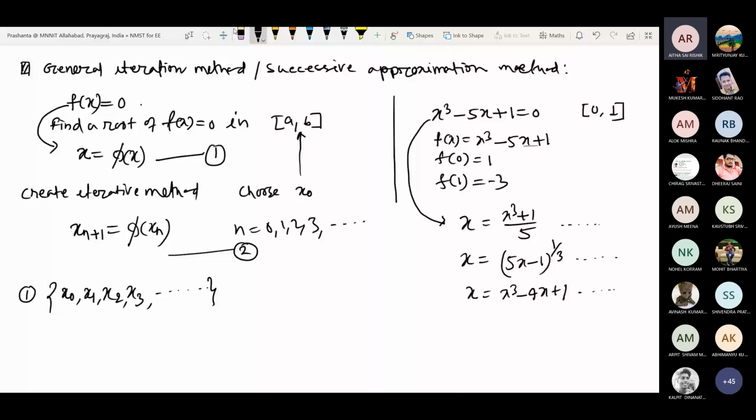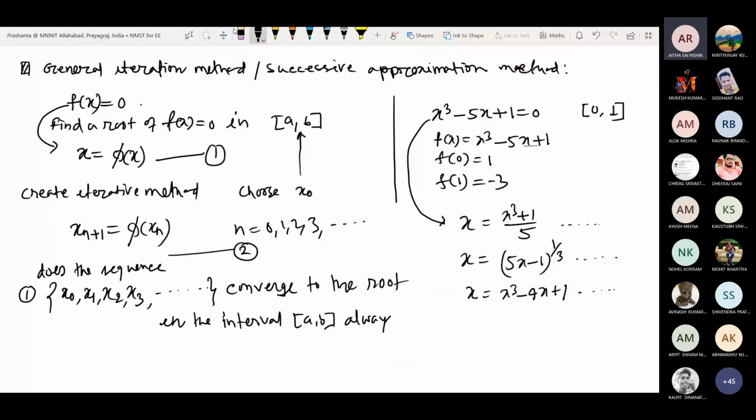So does the sequence converge to the root in the interval a comma b always?